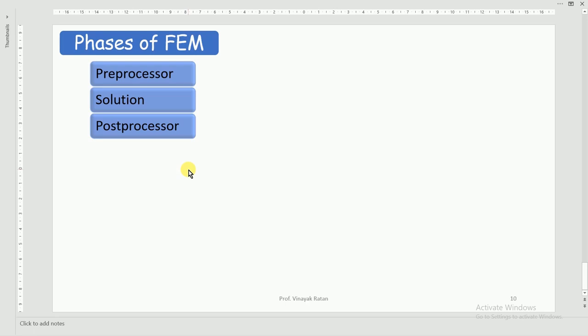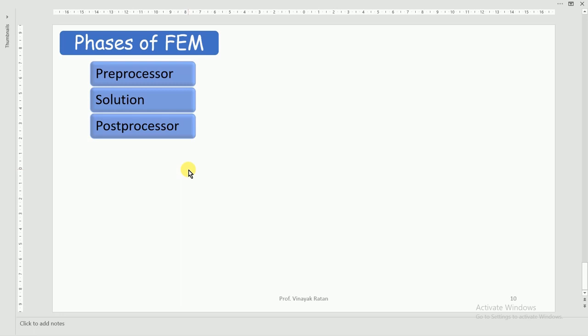What will we do in the preprocessor? We will select the type of problem we are solving, whether it is a structural problem, a thermal problem, or a modal analysis problem. That is the first step in the preprocessor. Then we'll define the type of element, depending on the type of problem, and assign the element type to a body.